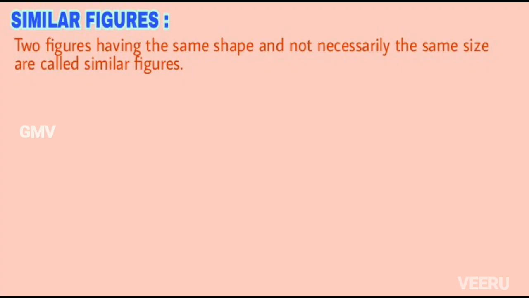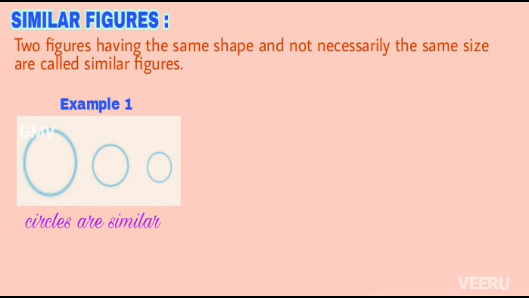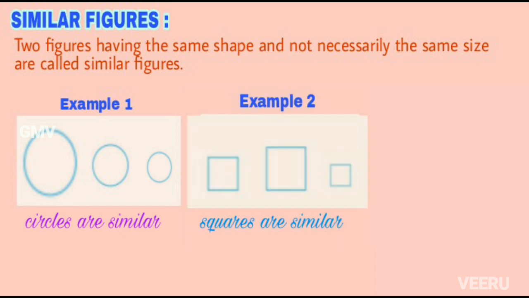Now, let us discuss the similar figures. Two figures having the same shape and not necessarily the same size are called similar figures. See the examples. The circles have the same shape, hence they are similar. The squares also have the same shape, hence they are also similar.